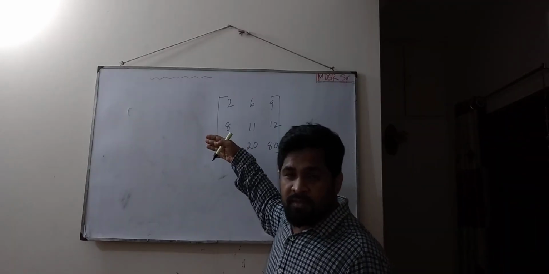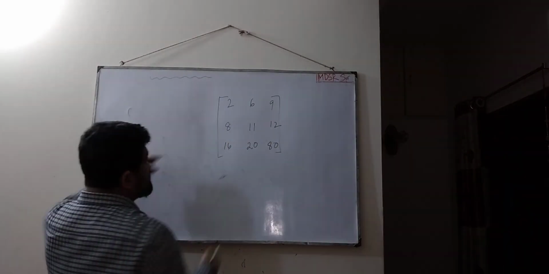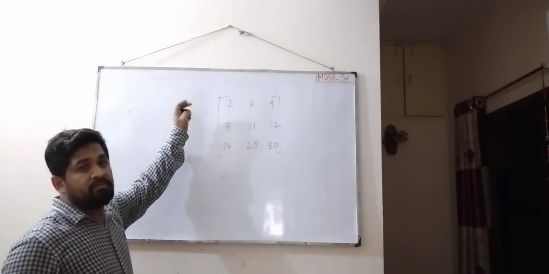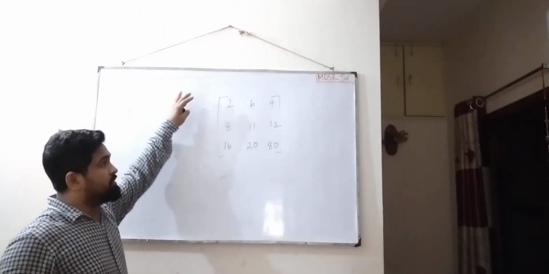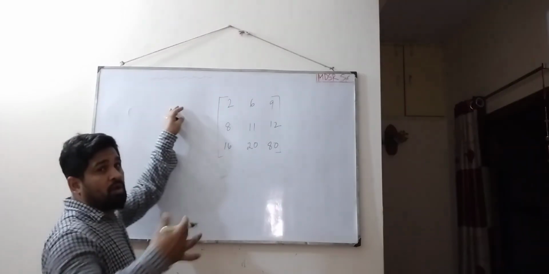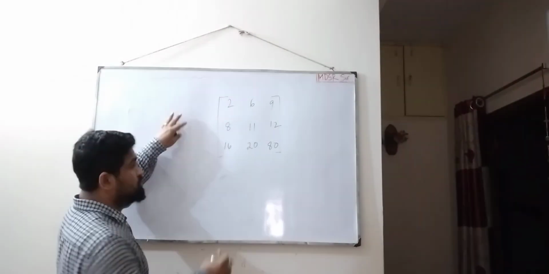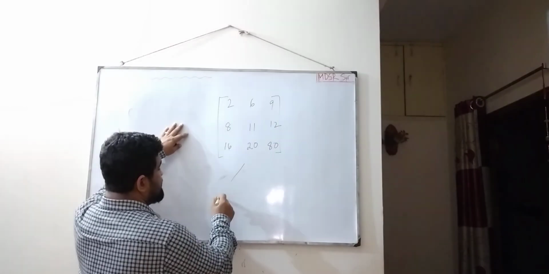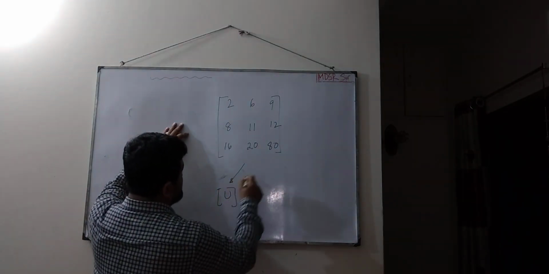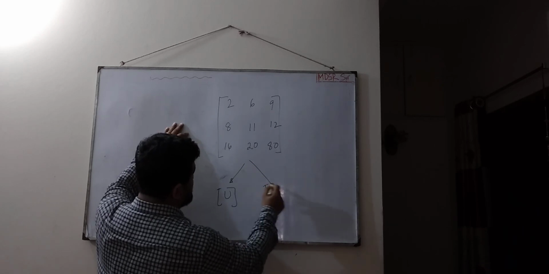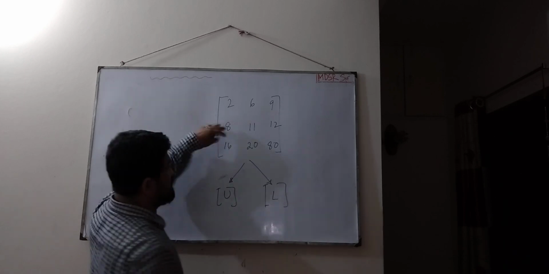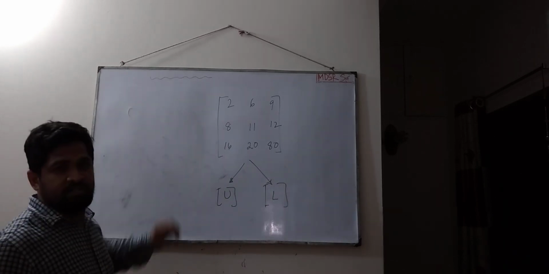Straightforward Gauss elimination, step 1, forward elimination. Our objective is to identify the upper matrix and lower matrix of this matrix.